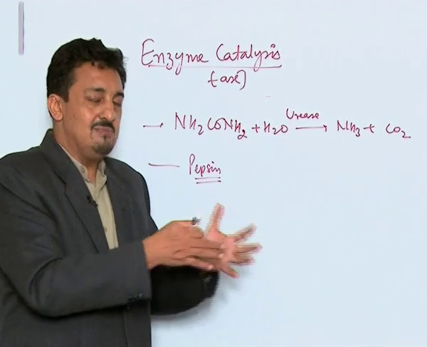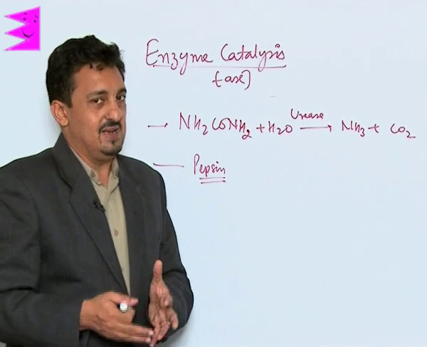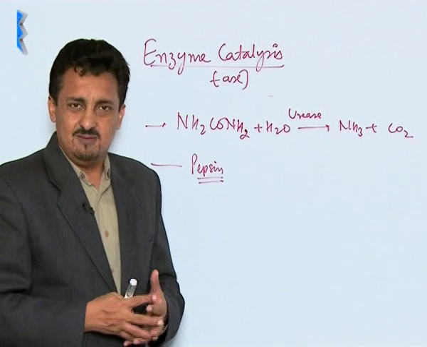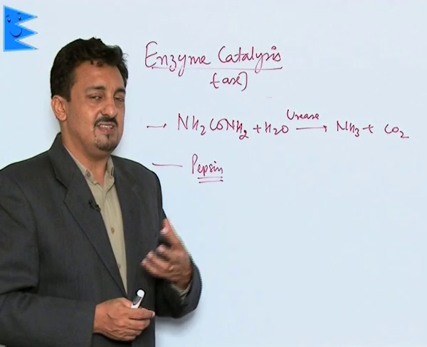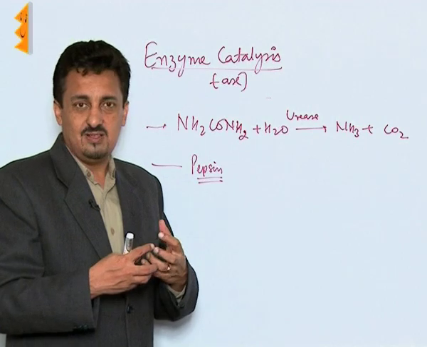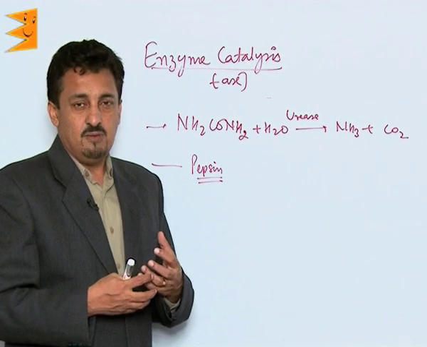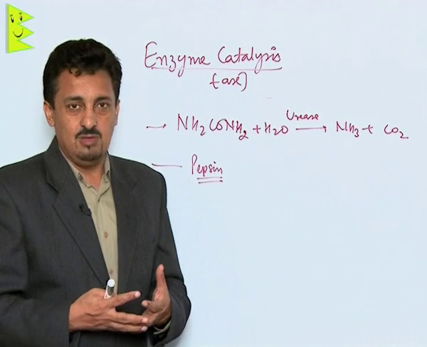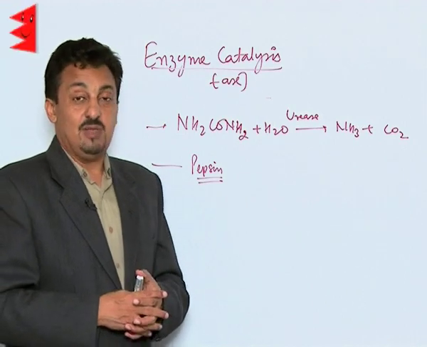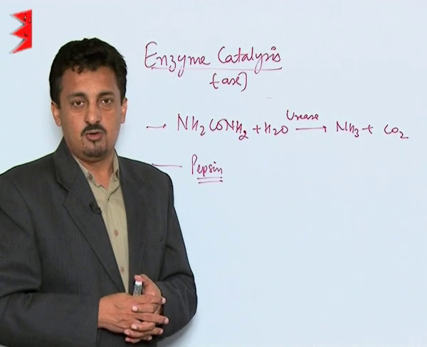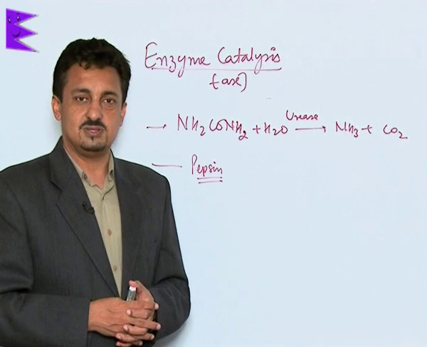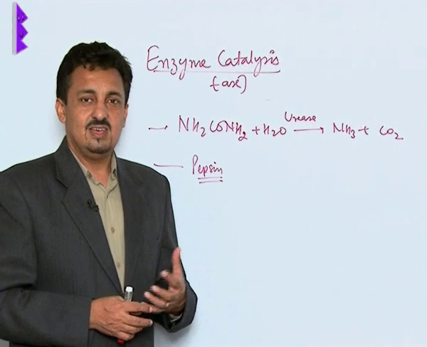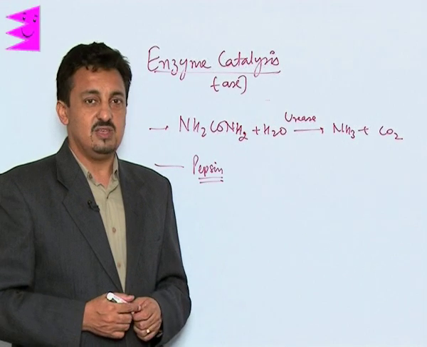We also know how milk is converted into curd by enzymatic activity. So we know a number of examples where these biochemical catalysts are responsible for increasing the rate of normal biochemical reactions, and they play a very important role in these reactions. Now let us study the main characteristic features of these enzymes.